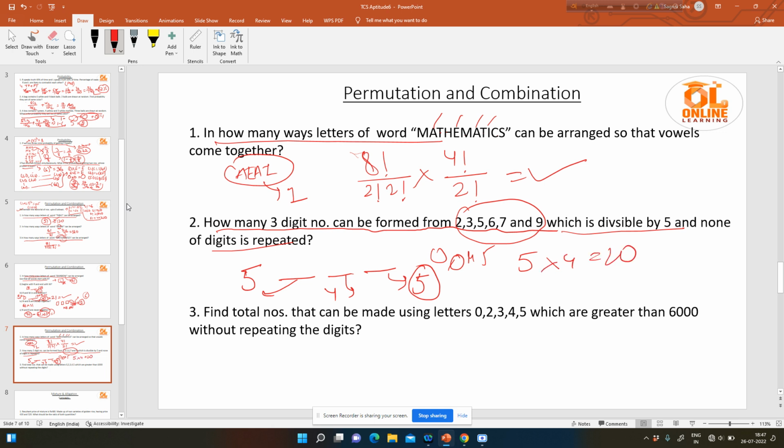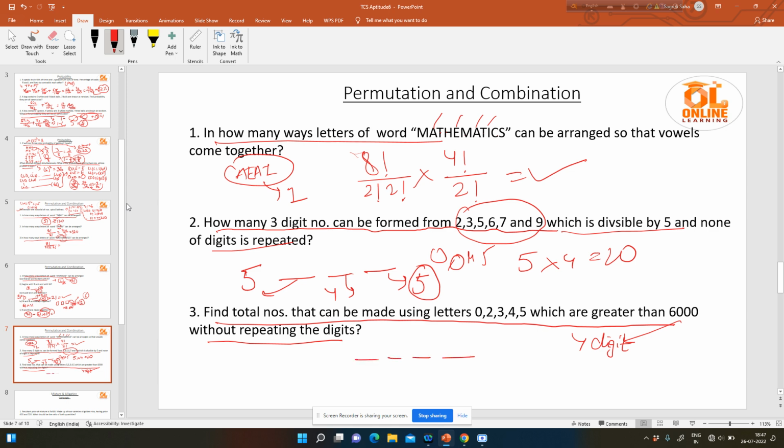Okay. Now the next question is find total numbers that can be made using digits 0, 2, 3, 4, 5, which are greater than 6000 without repeating the digits. So 6000 is a 4 digit number. Okay, but you see we have numbers only 2, 3, 4, 5, and 0.